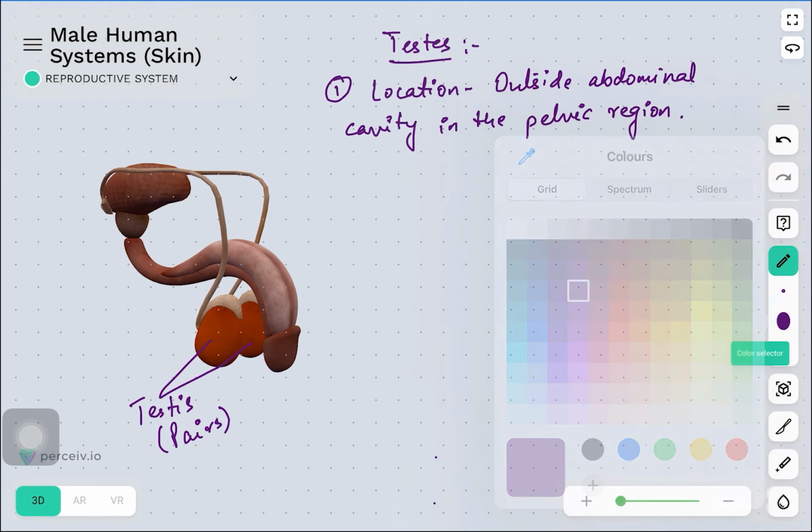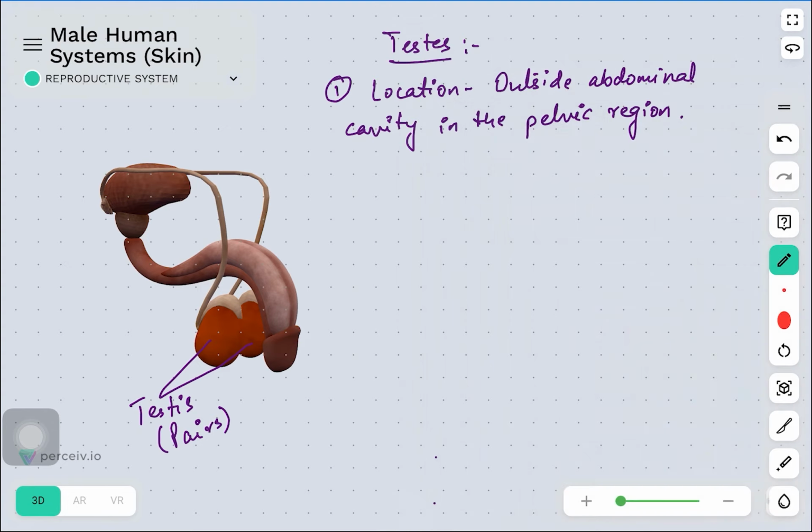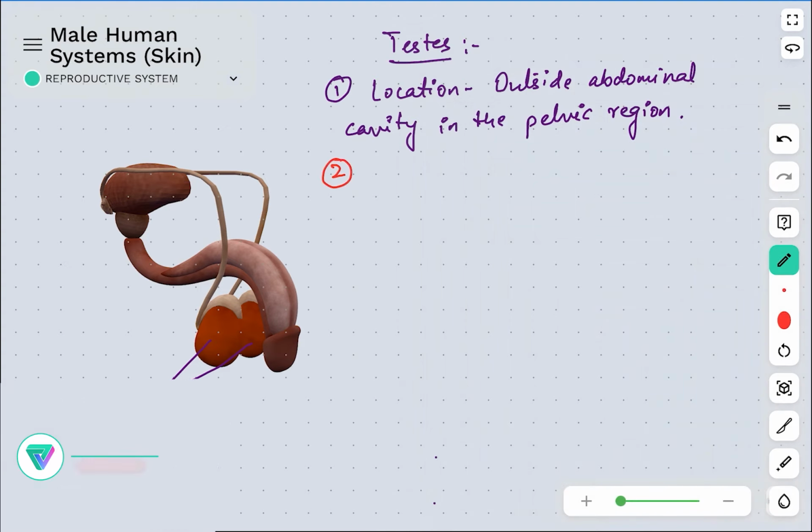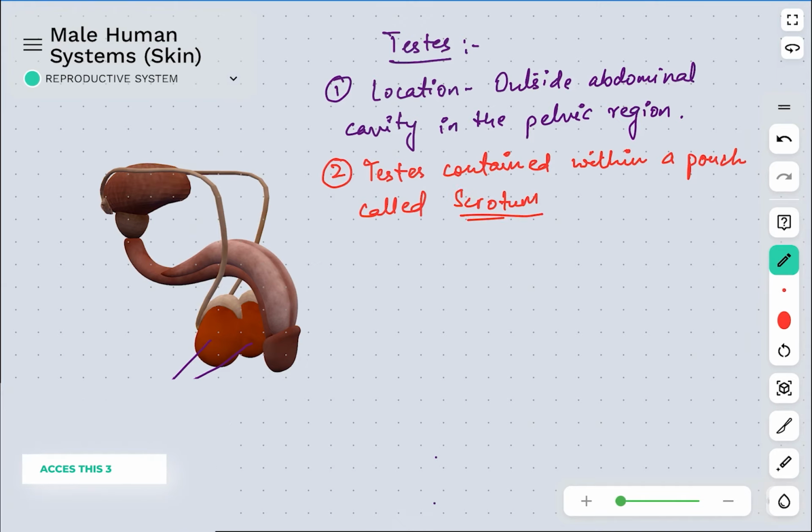That is their key feature. Testis are contained within a pouch called scrotum.